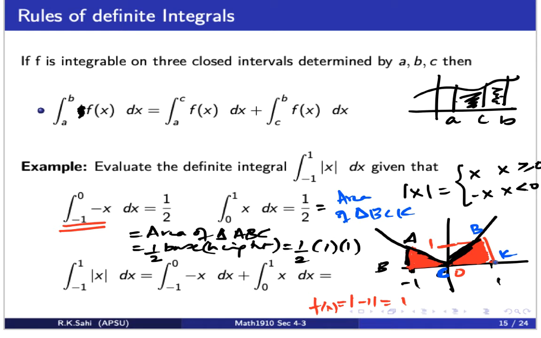Base is 1, height is 1. So the answer is half. Now if I want to find the area from minus 1 to 1 of the absolute value of x dx, it's half plus half, which is equal to 1.